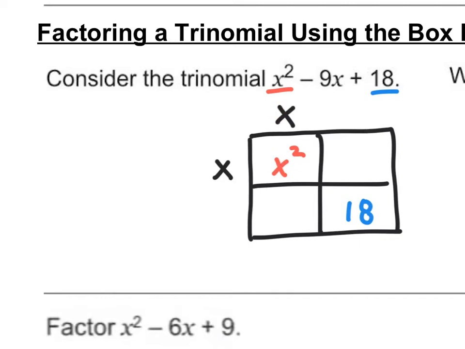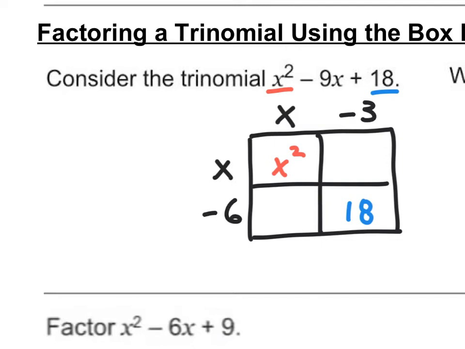Now you have to go, okay, what two numbers multiply to 18? You can think of 9 and 2, but these two numbers also have to add to -9, okay? So let me do -3 and -6.